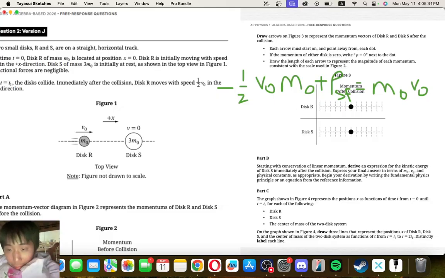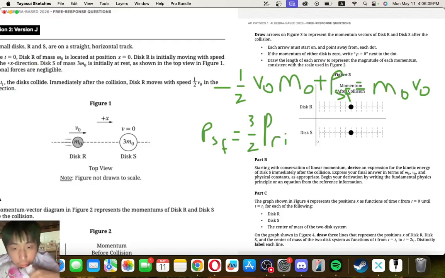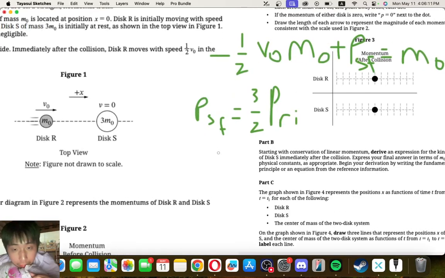Solving for the momentum PSF, we get that PSF equals 3/2 of PR initial, right?